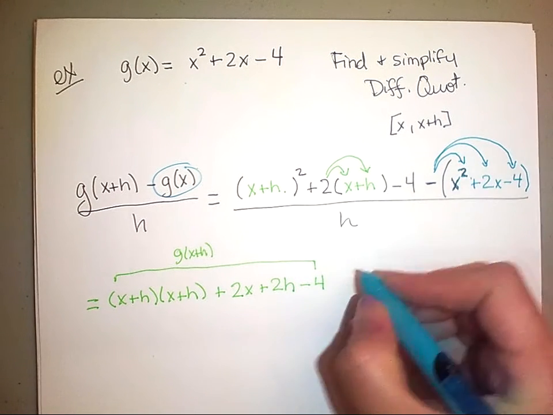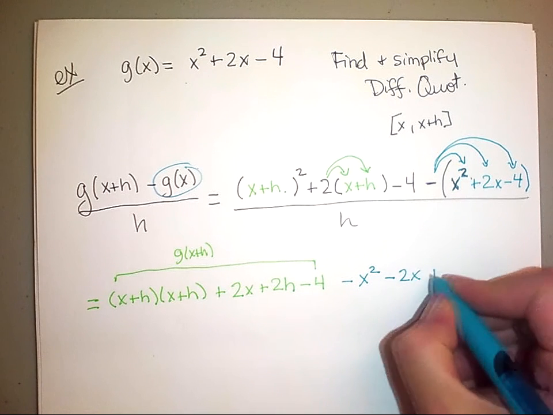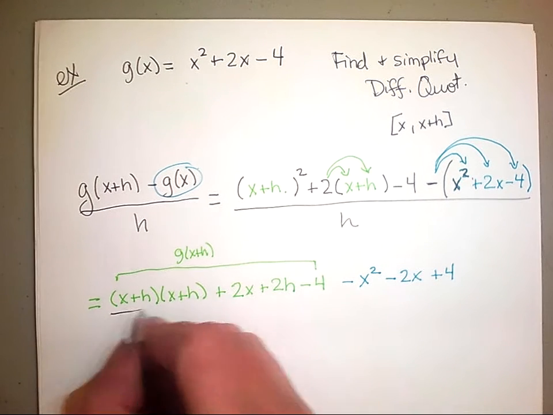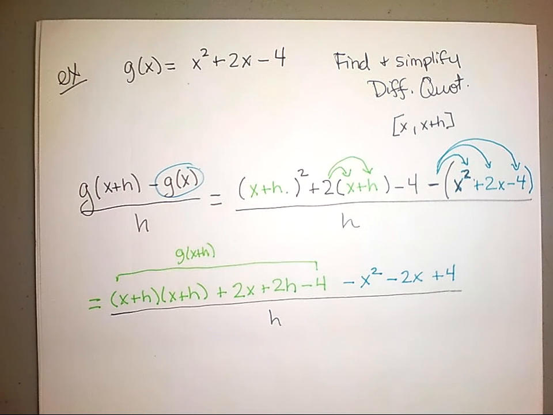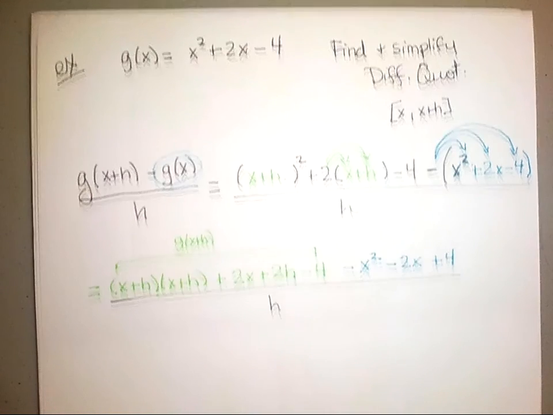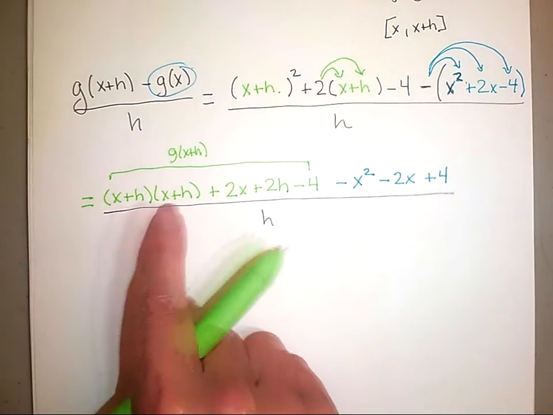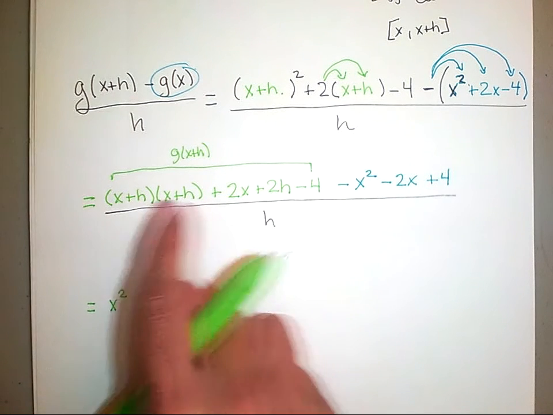So all of this is g of x plus h. Just doing some manipulation with it. Now here, I want to be careful and distribute. So this is minus x squared minus 2x plus 4. And then all of that is still divided by h.